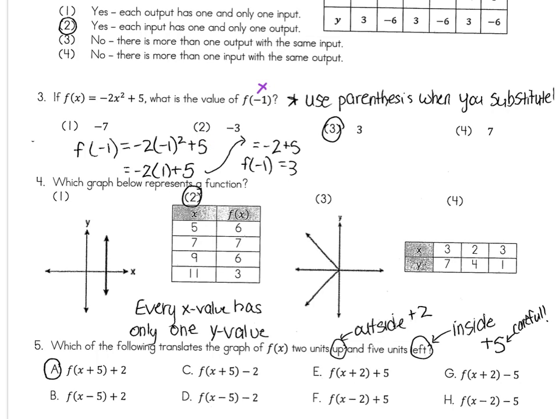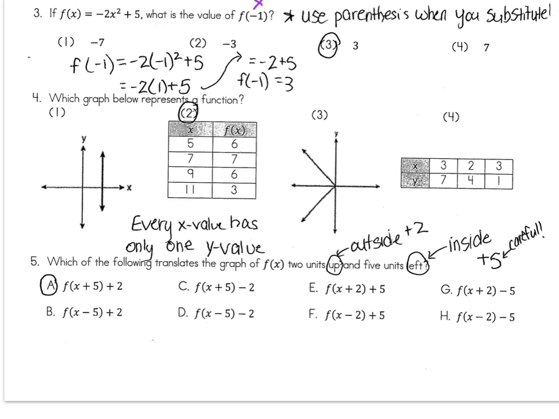Follow GEMS or PEMDAS, which is order of operations, to square the -1. -1 times -1 is +1. Then we multiply. -2 times 1 is -2. Add 5 to that, which gives us 3, which is also answer choice 3.